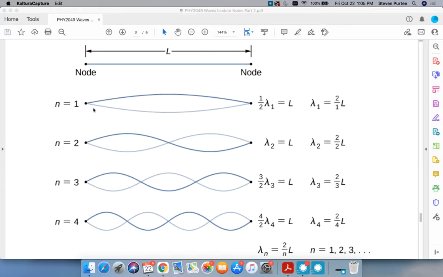The wavelength that you have here is actually twice this length. So this is the length of the jump rope. Remember, a sine wave goes all the way up and all the way down. Like this dark curve here, that would be one complete wave. So our wavelength here is twice L. L here is this distance, the length of the jump rope.